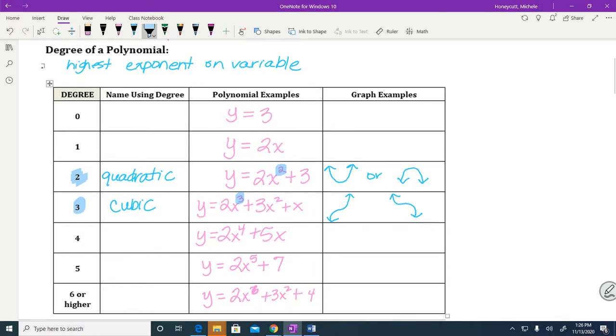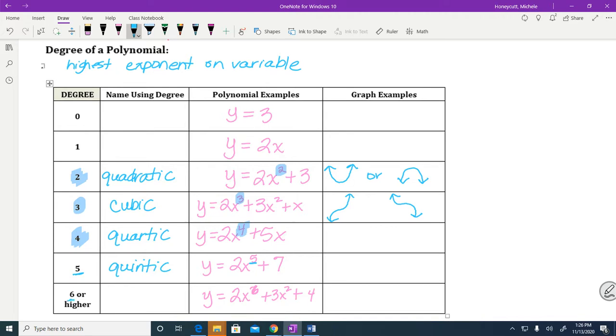If the degree is 4, that means the highest variable exponent is a 4. We would call that quartic. If the degree is 5, the highest exponent on the x would be a 5, and we would call that quintic. Q-U-I-N-T-I-C.